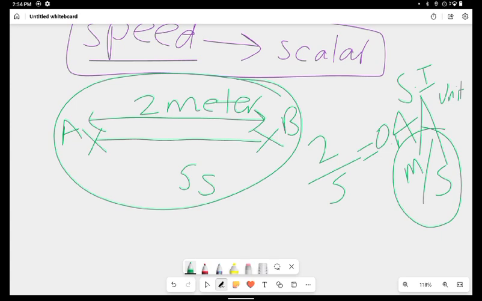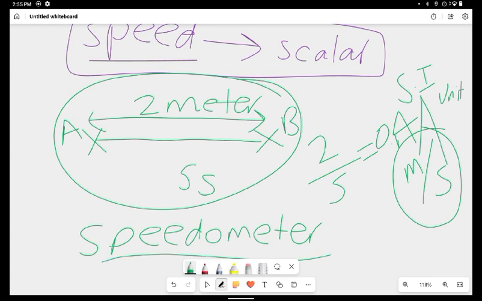This is the speed that the speedometer of a car shows. When you read the speedometer reading of a car, whether it says 30 km per hour or 50 km per hour, that shows you the speed at that instant. It's also known as instantaneous speed.